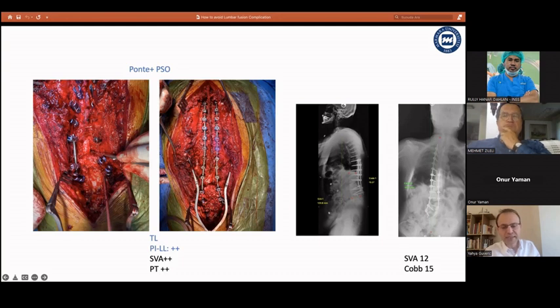So we stop in here, we pull out all of the screws and we put new screws in here again, but there is a very big hole in here. We put autograft in the hole and there is again a big hole in here, in the old screw area.